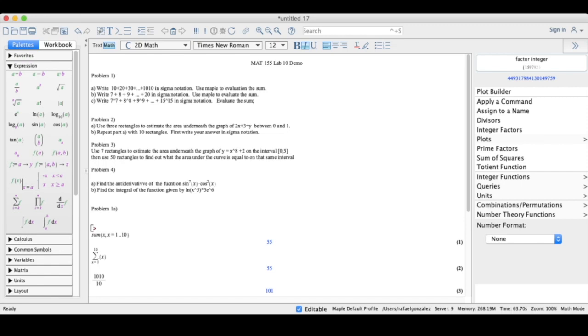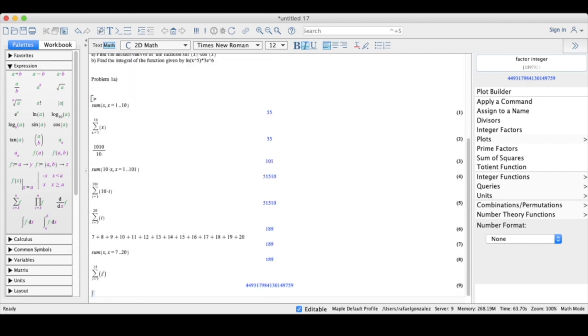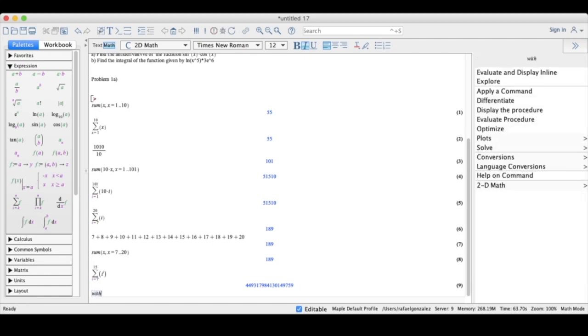For problem number 2, we have to use 3 rectangles to estimate the area underneath the graph of 2x plus 3 equals y, between the interval 0 and 1. Now, before we could use Riemann sums in Maple, we have to open up a new package. If you remember from the work that we did with implicit differentiation, to open a package, we use the with command.